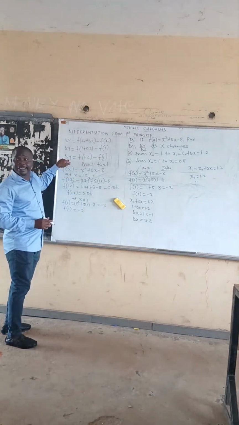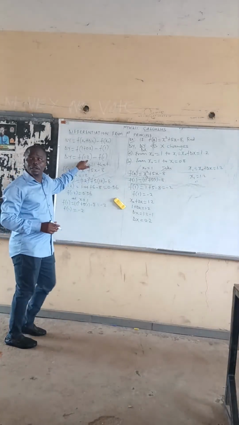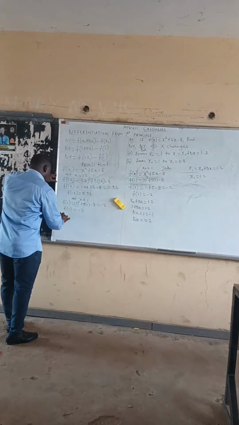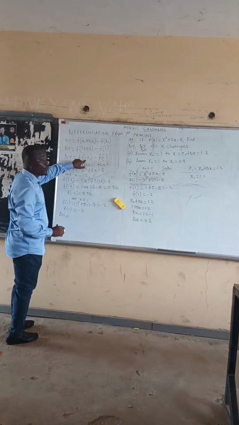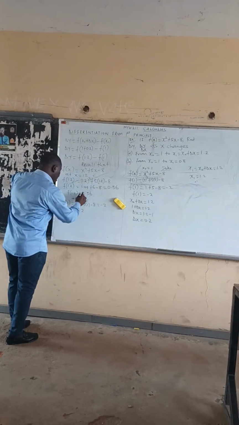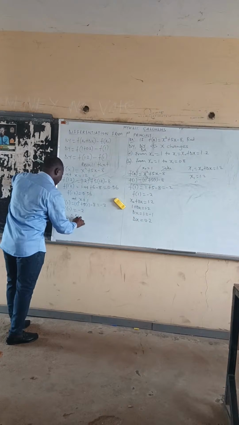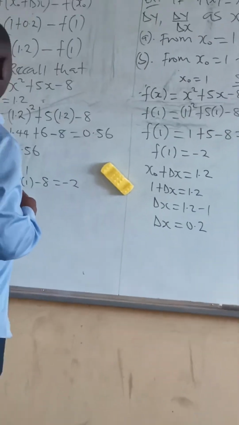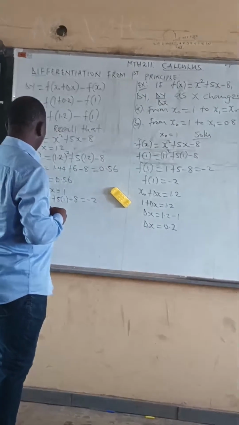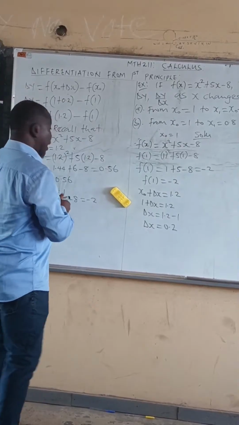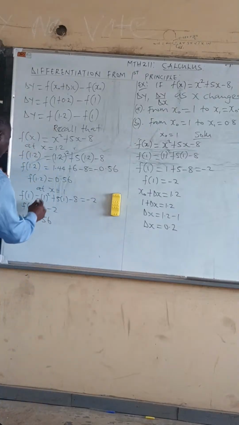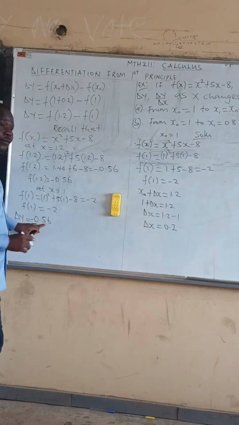Our dy is equal to f of 1.2 minus f of 1. True or false? So our dy is equal to, what is f of 1.2? Minus 0.56. You said 1.44 plus 6 minus 8 is equal to minus 0.56. Minus, right? Yes, sir. So here is minus 0.56, right?